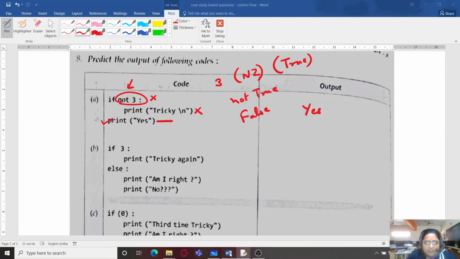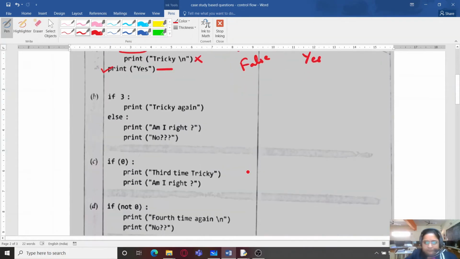Next is if 3. So I already said that 3 is a non-zero value and non-zero values are considered as true. So if true means the condition is true, so it will execute the statement and it will print tricky again.